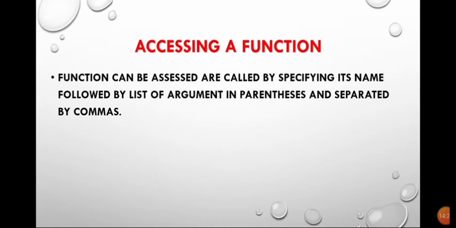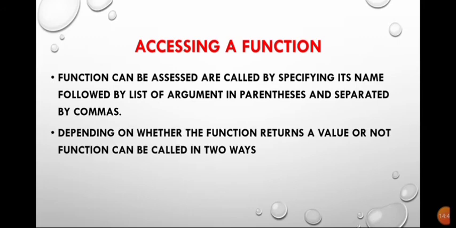Now let us move toward accessing a function. How can a function be accessed? A function can be accessed or called by specifying its name followed by the list of arguments in parentheses, separated by commas. Just as we see in the syntax, in that manner a function can be accessed.